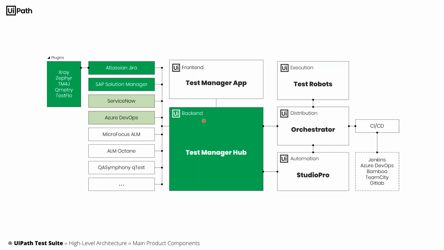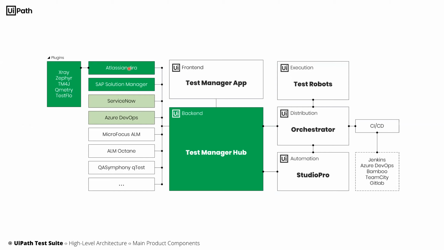Let's focus a little bit on the center. What have we built? Basically, and this is important to understand, all the things that have to do with requirements management and defect management, we leave to those specialized tools. So if you have a working process with Atlassian Jira and you think about using the UiPath Test Suite, you will be able to still use Atlassian Jira.